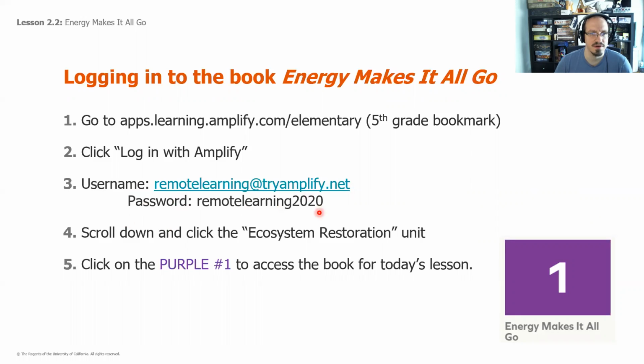Password is remote learning 2020 to log in. Scroll all the way down until we find the ecosystem restoration unit, the one with the picture of our jaguar and sloth and rainforest on it. Then we're going to click the purple number 1 that says Energy Makes It All Go at the bottom to access the book for today's lesson.